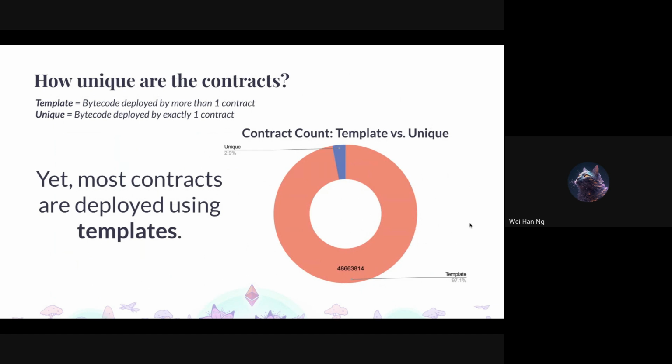The second thing is that most contracts are deployed using templates. We have about 150K template bytecodes, but those are used repeatedly by about 48.7 million contracts, which is 97% of the total contracts that we have. The unique contracts are only 2.9%. That's a huge deal because it means that most contracts nowadays just reuse a single bytecode.